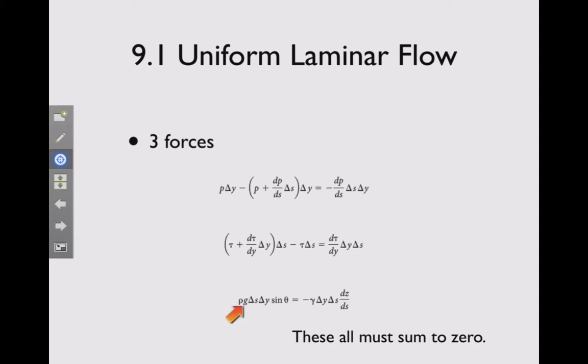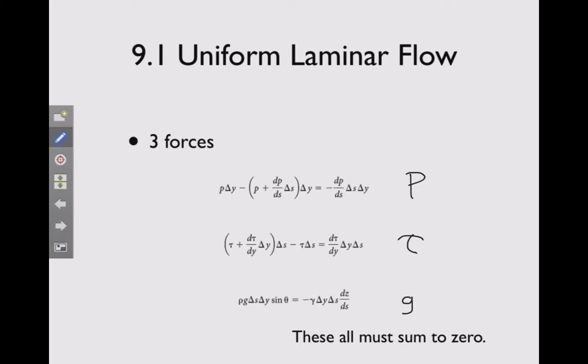Again, rho times g times a volume is going to be mg. This is actually just an area, so all of these are force per unit length, and so we end up with this equation here, substituting gamma in for rho g. So basically, this is pressure, this is the shear stress force, and this is the gravity force, just to summarize these.